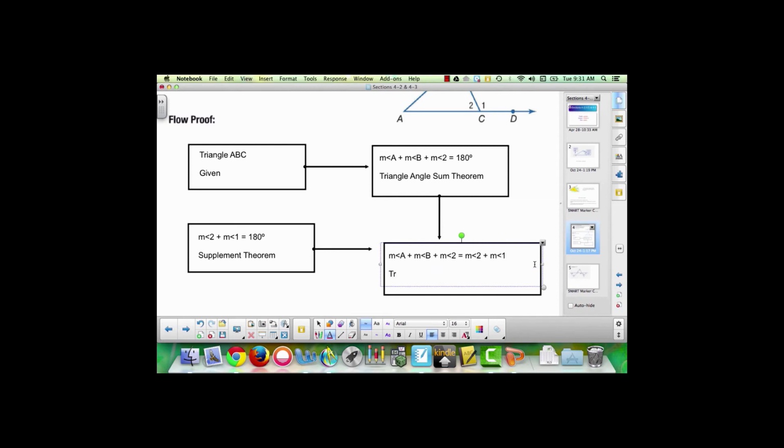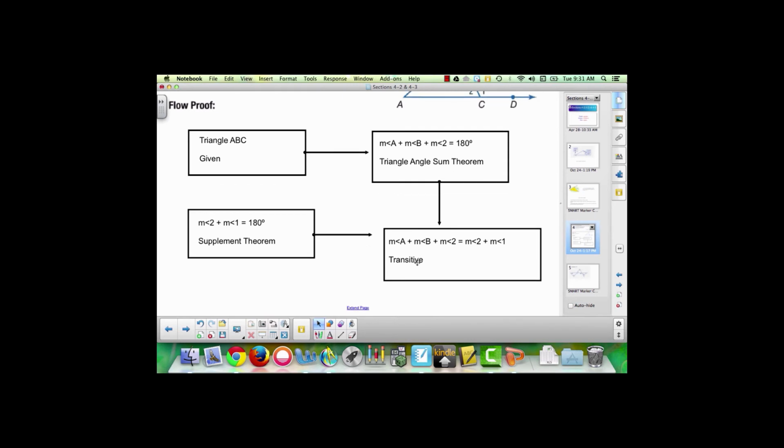And again, that is the transitive property. We also could have used substitution here by saying the measure of angle 2 plus the measure of angle 1 is substituted in for 180 in this equation. Either transitive or substitution are good reasons for this statement here.